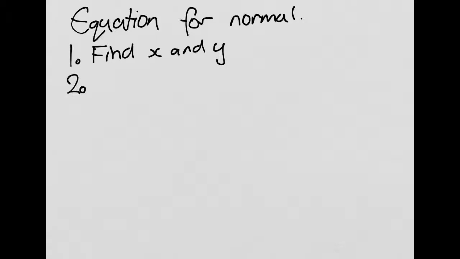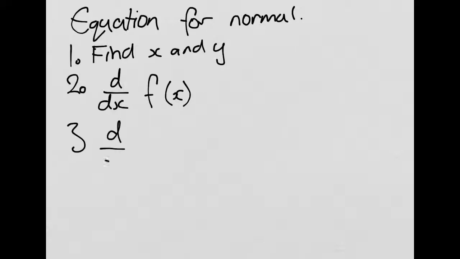We find the derivative of the original function. And we use our original value of x to put in to our derivative.